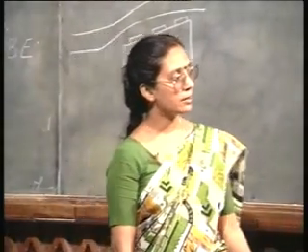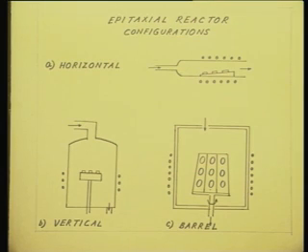In a barrel reactor, of course, you can put a lot of wafers at the same time. You can achieve better uniformity by rotating that barrel, and that is most universally used for commercial epitaxial layer production.